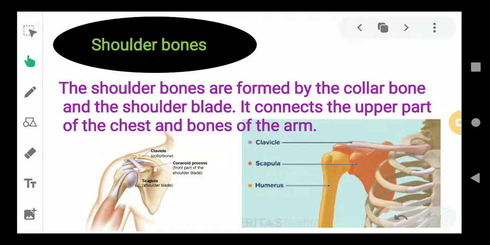This is the upper part of the chest and this is the bones of arm. Shoulder bones connect these two regions.